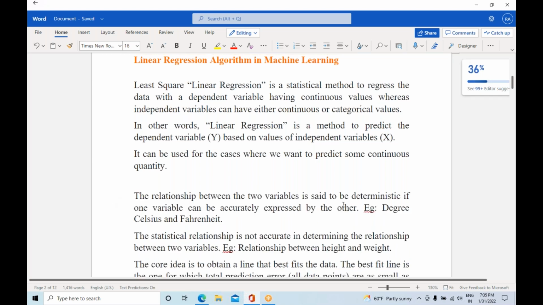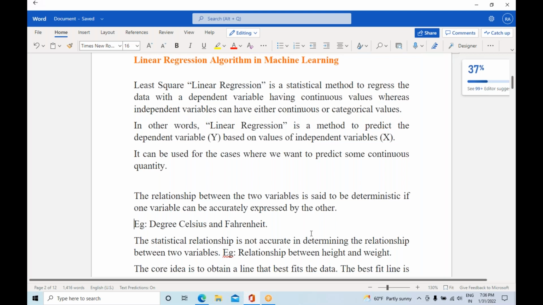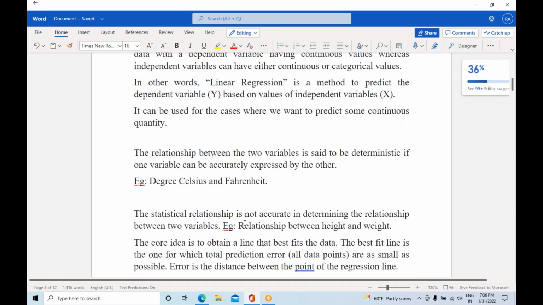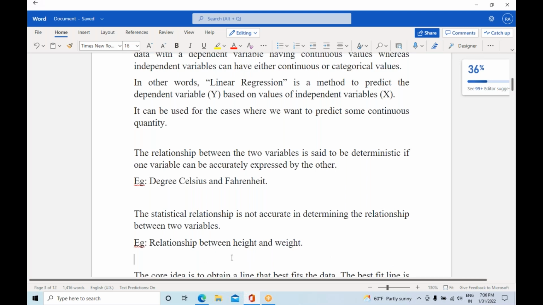A relationship between two variables is deterministic if one variable can be accurately expressed by the other one. Degrees Celsius and Fahrenheit is the example of a deterministic relationship. And a statistical relationship is not accurate in determining the relationship between the two variables, and we call that not deterministic.